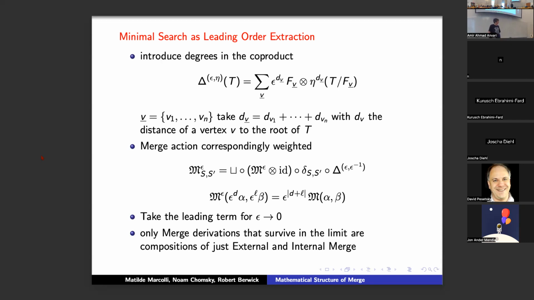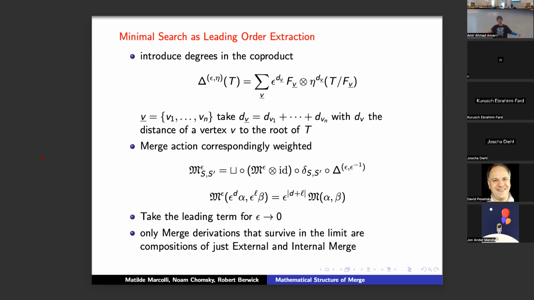And it's clear that the depth of the tree has to play a role. It's natural that searching very deep into a tree should be more costly than searching very near the root of that same tree. So there has to be an exponent that depends on how far I am from the root of the tree.